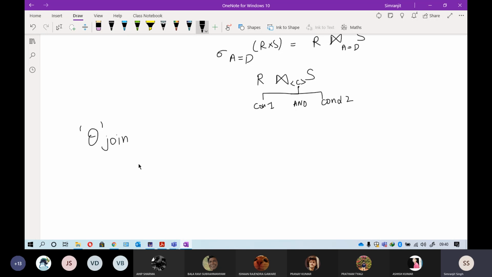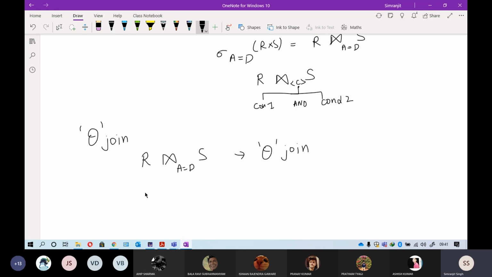Suppose I give you an example here, R join S, where A is equal to D. A is equal to D means that you are comparing the attribute with another attribute. So A is attribute, D is attribute, and you are comparing it. In this case you can call it a theta join, because you are comparing only attributes.